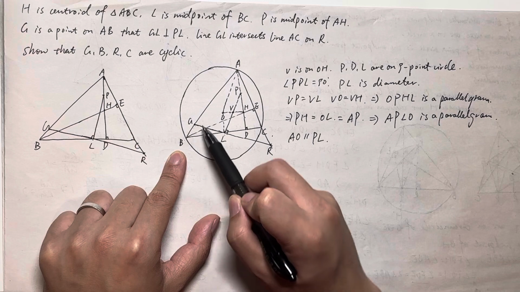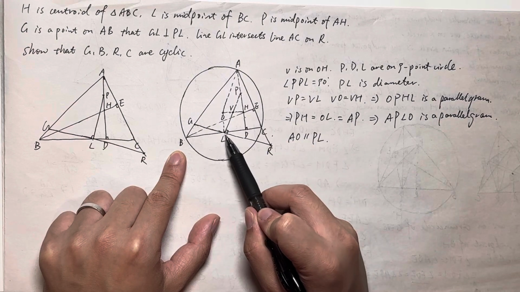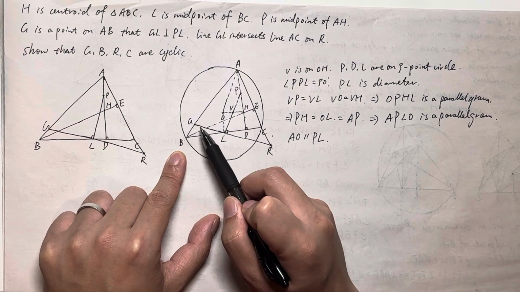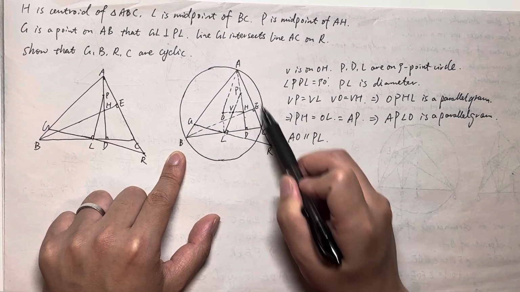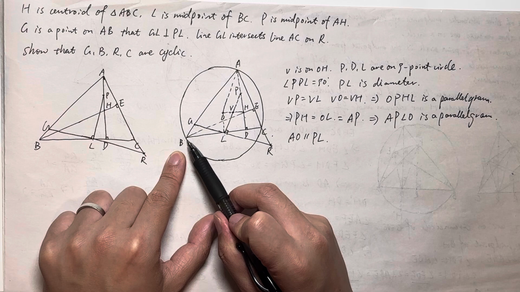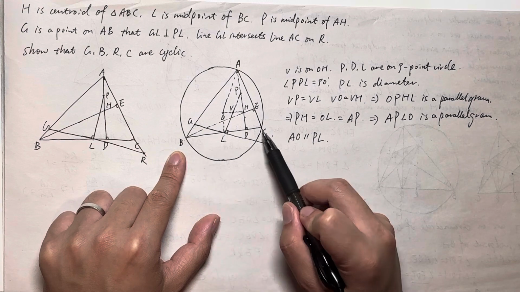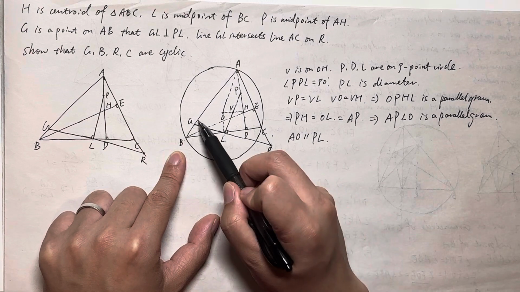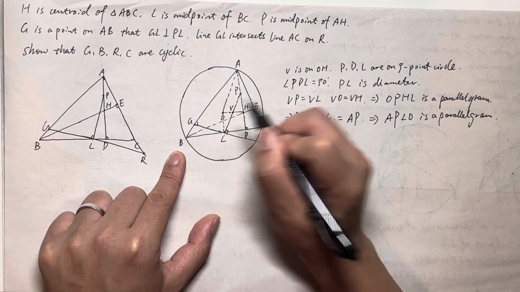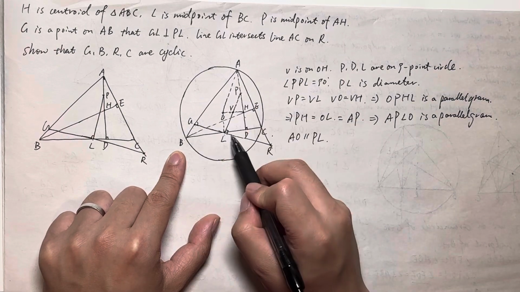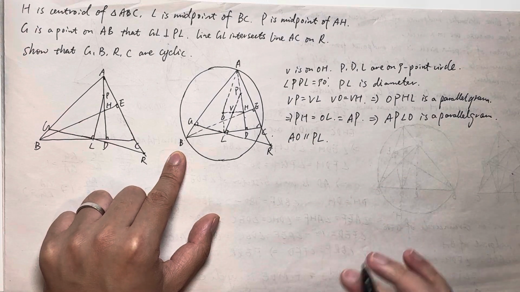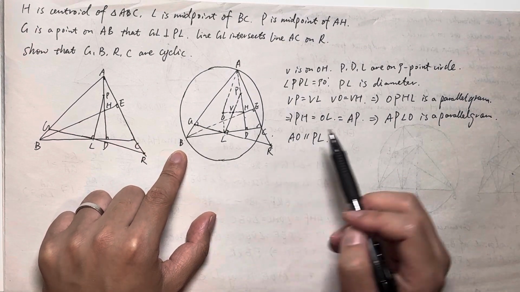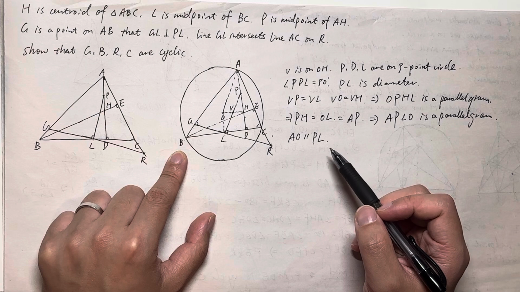Because angle AGL is 180 degrees minus angle BGL, and angle ACB is 180 degrees minus angle BCR, if we can prove angle AGL equals angle ACB, then we prove that GBRC are cyclic.